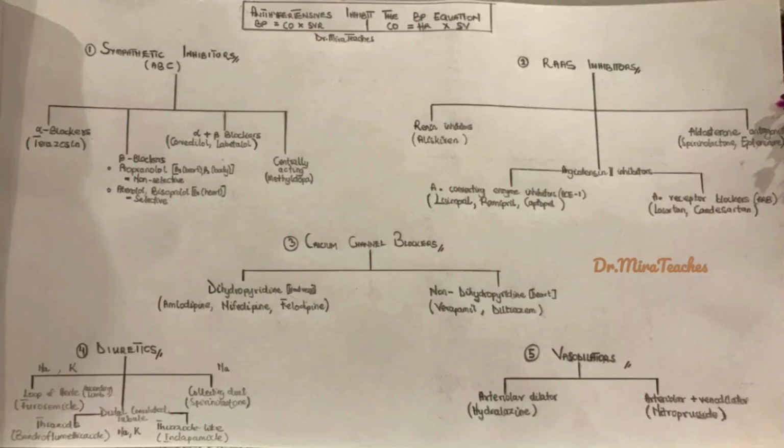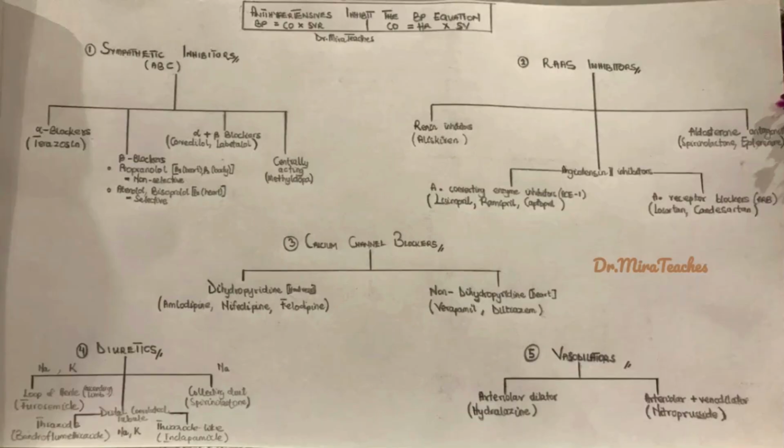The dihydropyridine ones block calcium channels within blood vessels, while the non-dihydropyridine calcium channel blockers block calcium channels in the heart. So always remember that for calcium channel blockers, we have dihydropyridine and non-dihydropyridine, depending on the target.